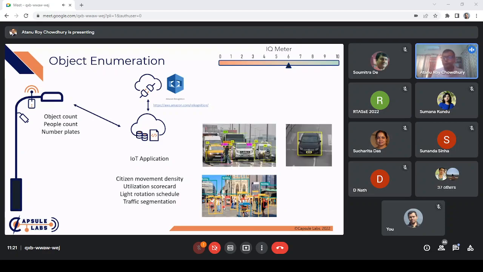You can do traffic segmentation and OCR on top of it, right? Remember, I told you that we can use a lot of services already available on the cloud to convert pictures to numbers, pictures to image, pictures to text. That can be used for traffic segregation. What kind of traffic goes underneath that particular street lamp? Is it mostly cars? Is it mostly cycles?